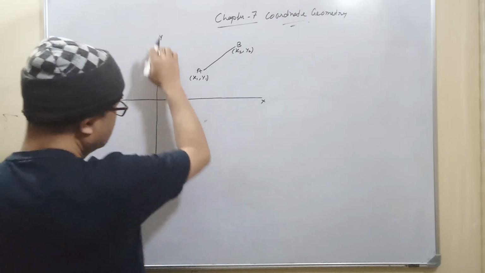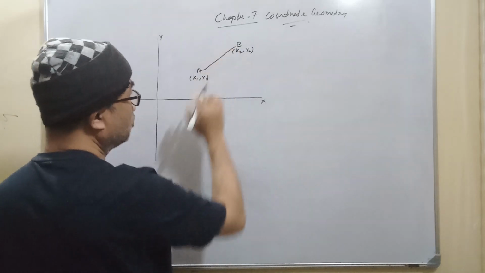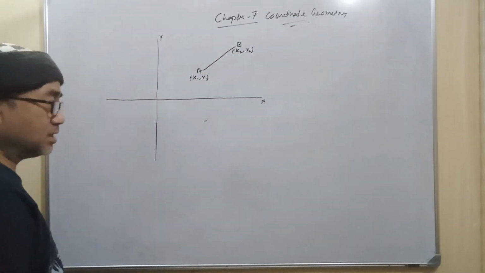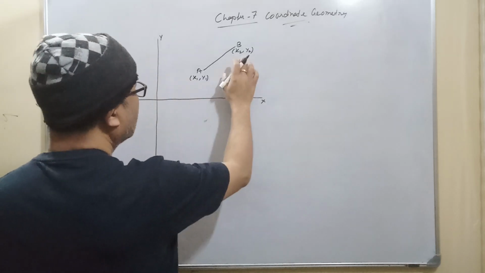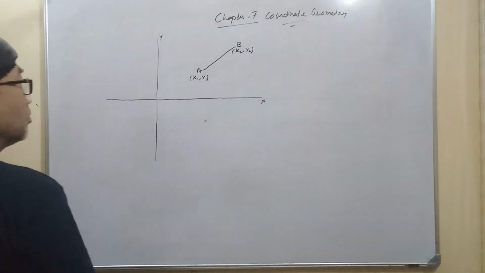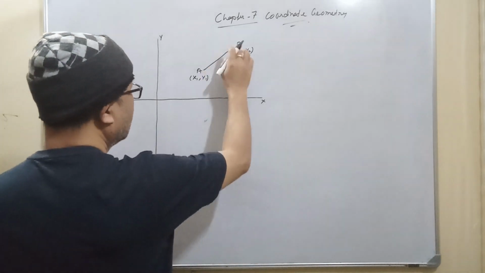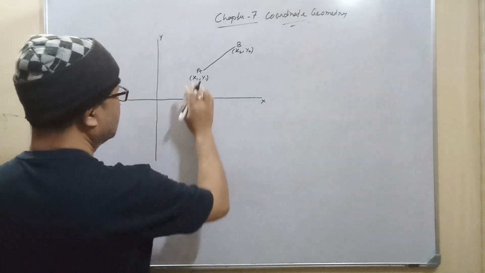This is the x-axis, this is the y-axis, this is the Cartesian plane, and these 2 points are located on the Cartesian plane with coordinates x1, y1 and x2, y2. Now we need to find the distance between A and B. So how is that calculated?